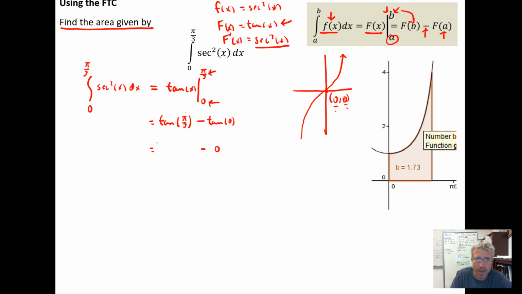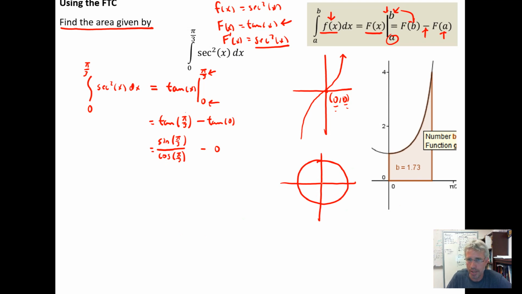So the tangent of pi over 3 is the sine of pi over 3 divided by the cosine of pi over 3. And then if I think about the unit circle, so our circle of radius 1 at an angle of pi over 3 radians, that's going to correspond to the ordered pair.